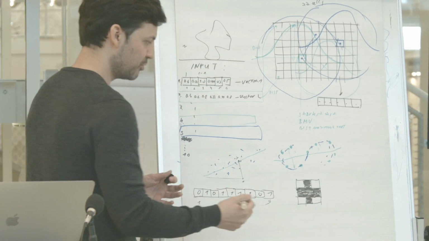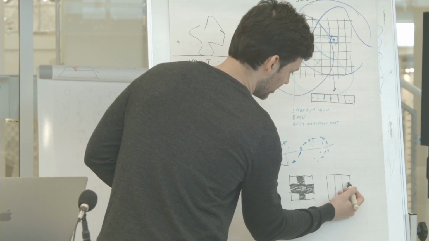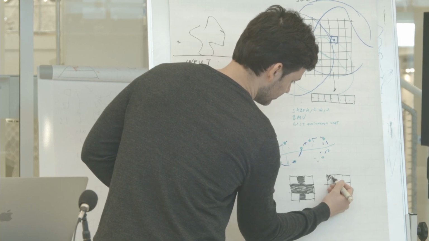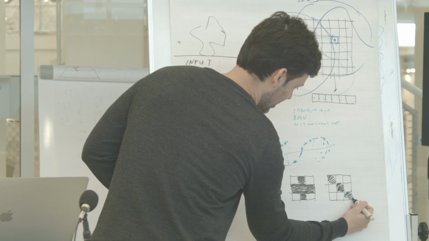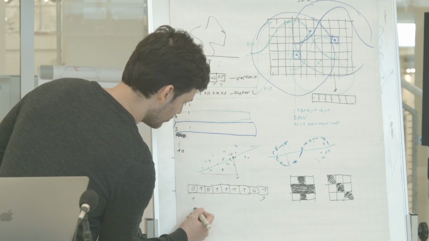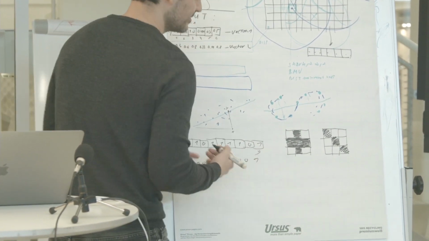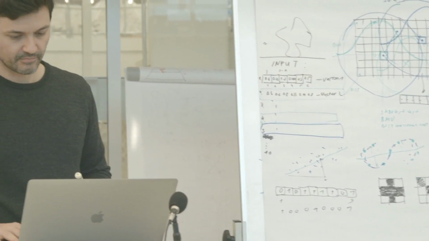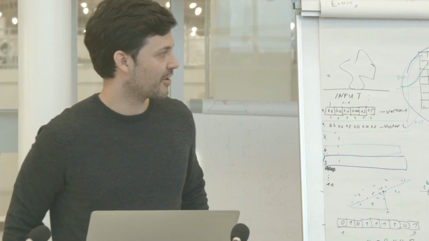Okay. So now I put a lot of shapes. I made another one. I made a diagonal. Now this diagonal would be 1, 0, 0, 0, 1, 0, 0, 0, 1. Yeah? So I made a lot of them. And then I want to see how the self-organizing map does it.